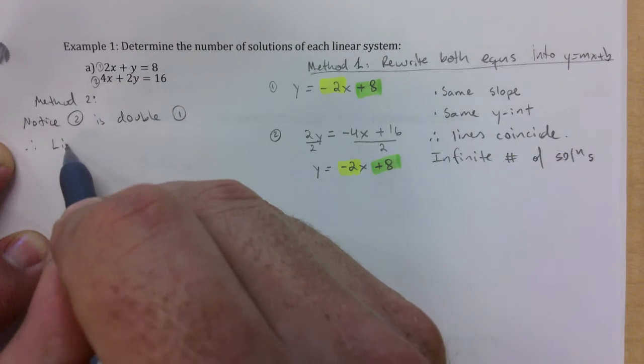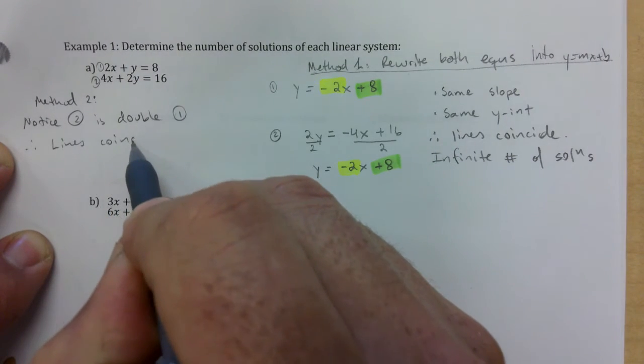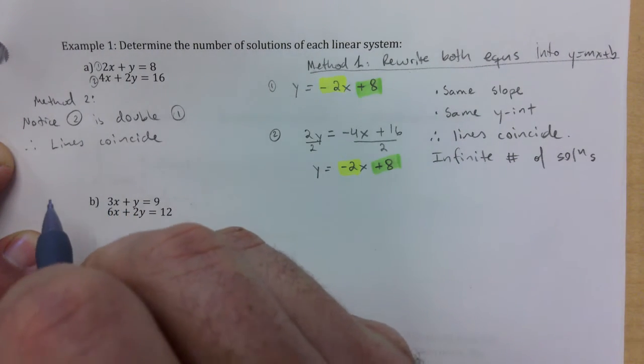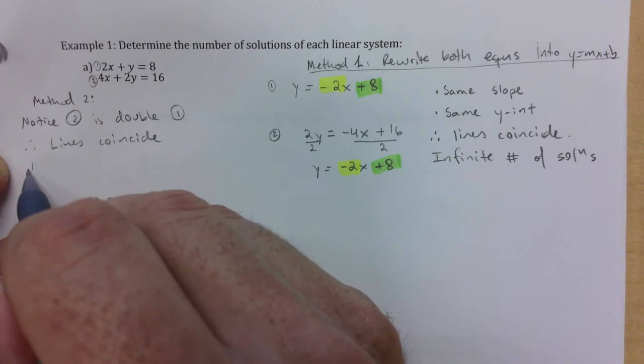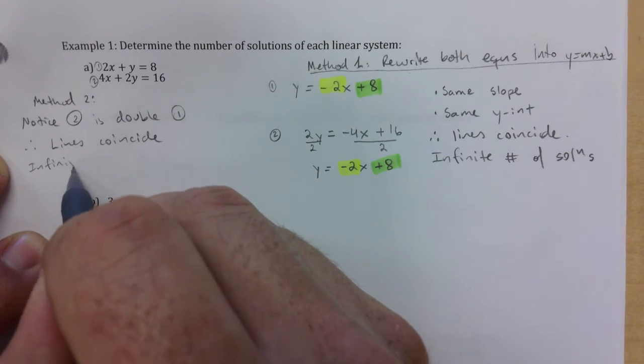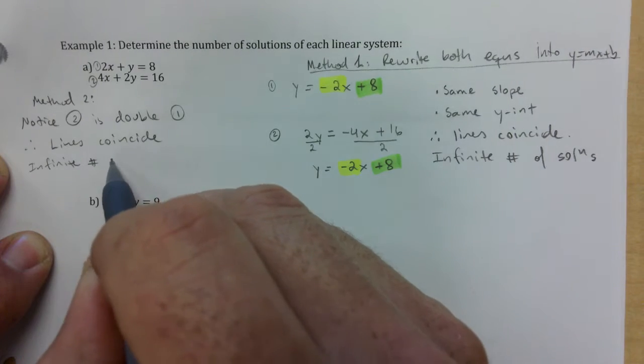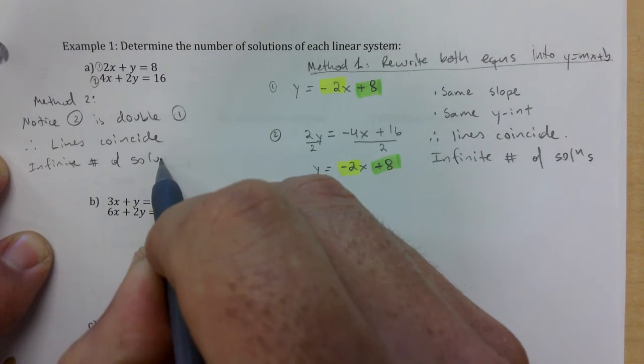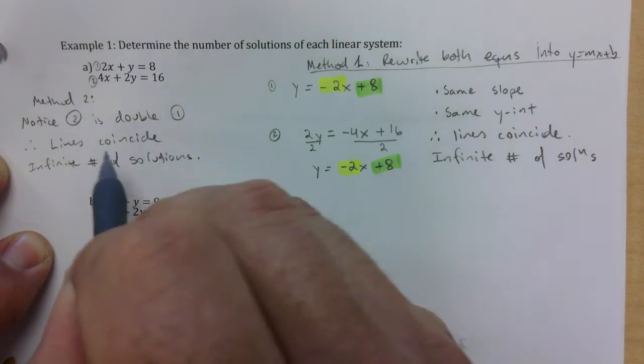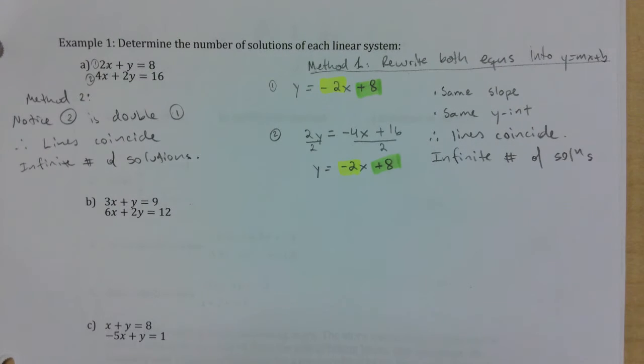Therefore, lines coincide, infinite number of solutions. If you notice that, you can also just right away conclude, but be careful with that.